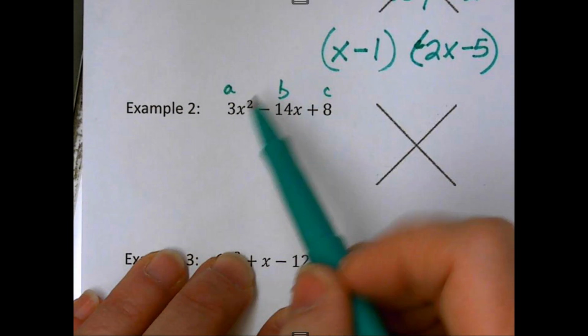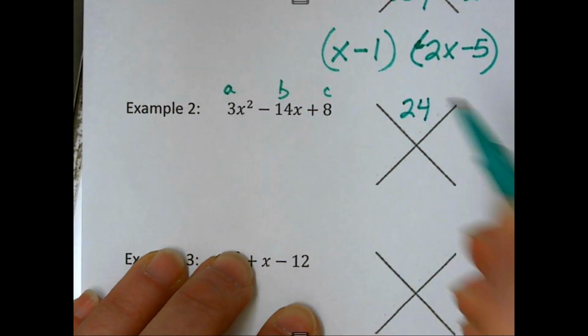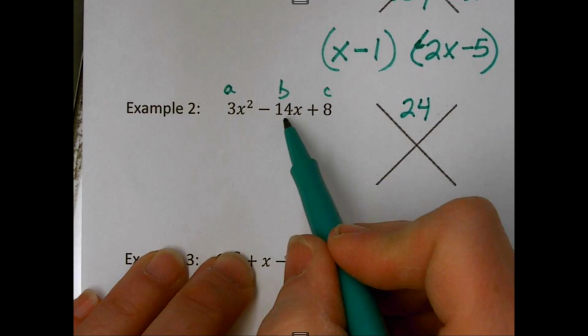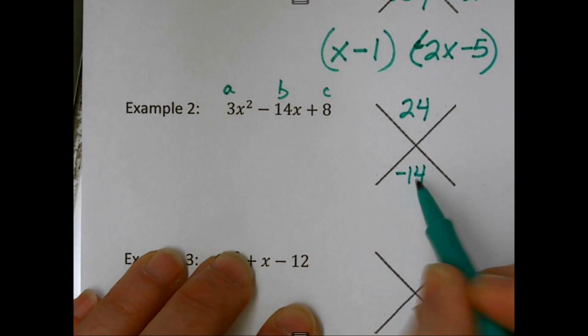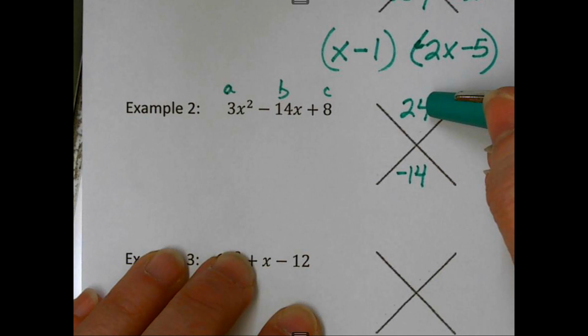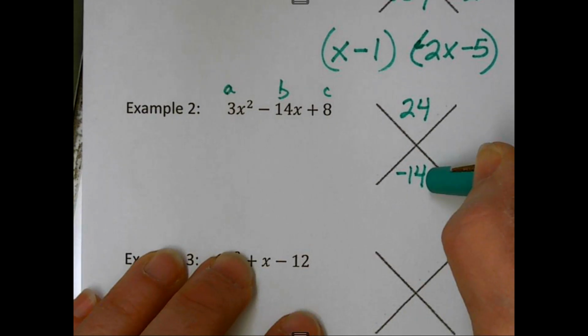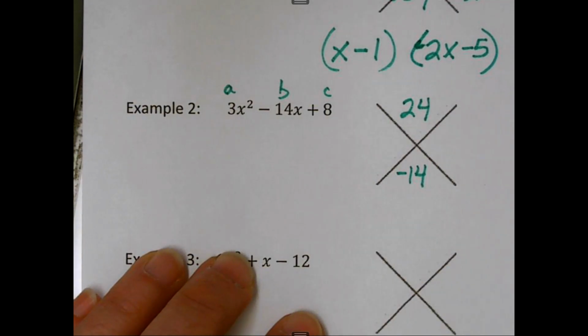The coefficient of the middle term is negative 14. We need the factor pair of 24 that adds to give us 14, and they'll both have to be negative. 12 and 2, so it's going to be minus 12, minus 2.